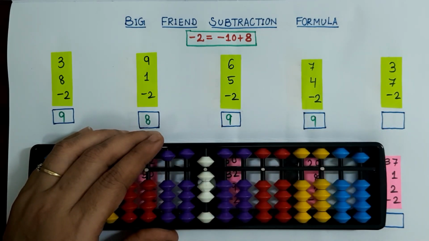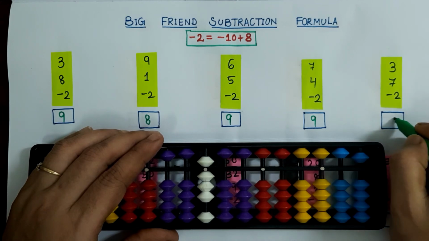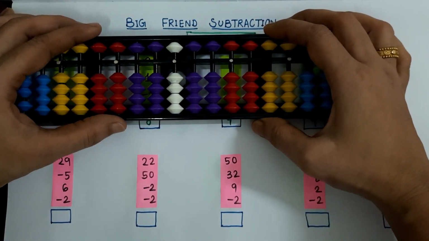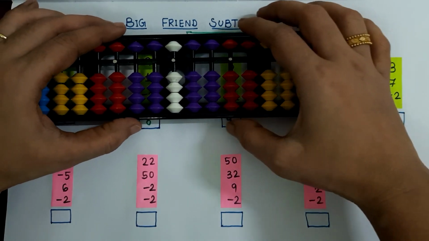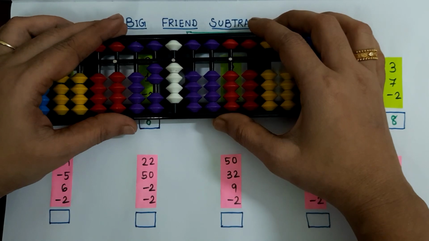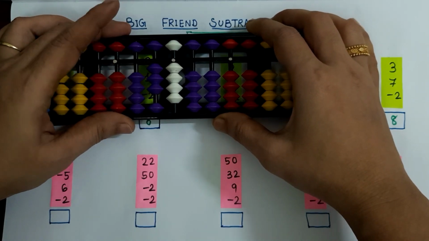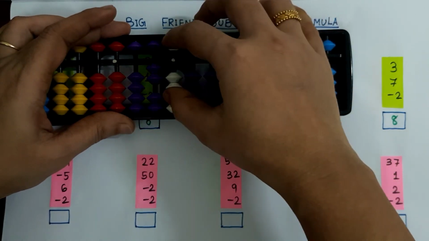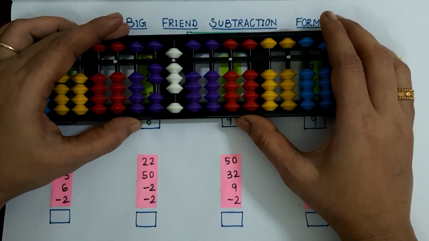Answer is 8. Next sum is 29 minus 5 plus 6 minus 2. 29 minus 5 plus 6 is plus 10 minus 4, minus 2 is minus 10 plus 8. Answer is 28.